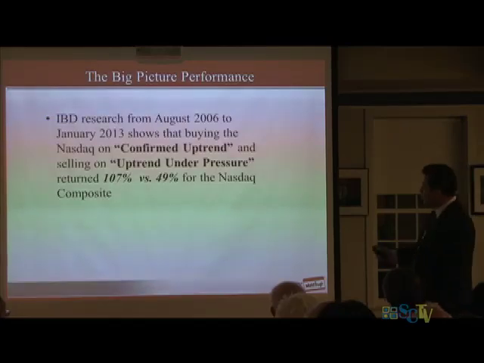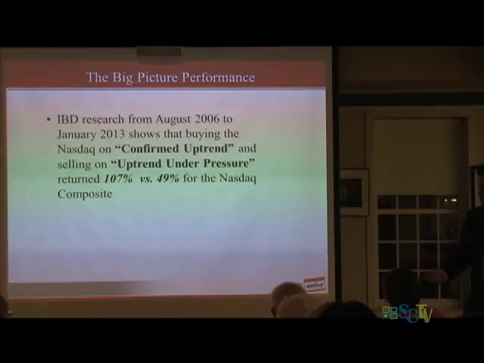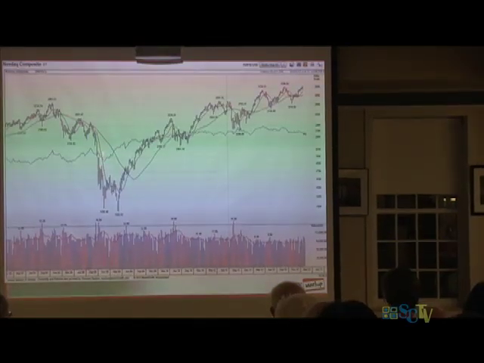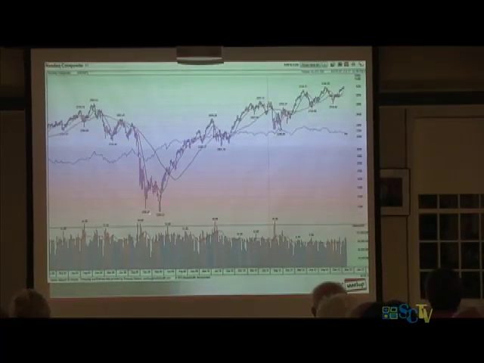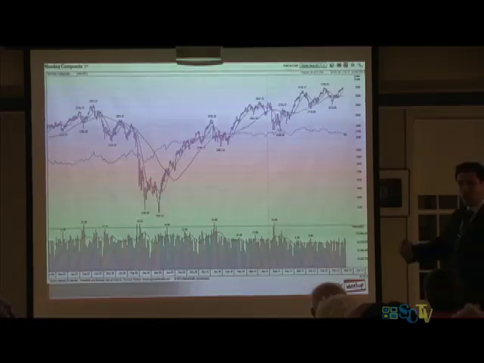Okay? And the reason why the return is far greater is because you're not sitting through these steep corrections. Okay? You're getting out of the market when we go under pressure.